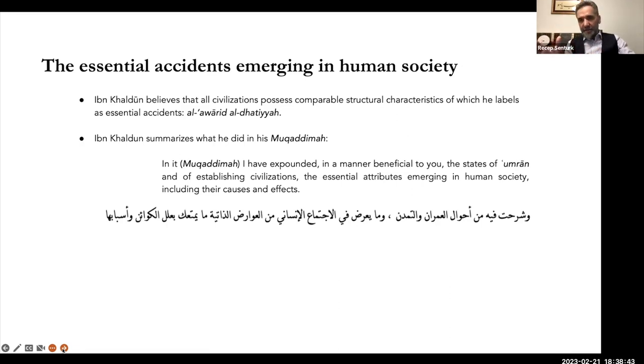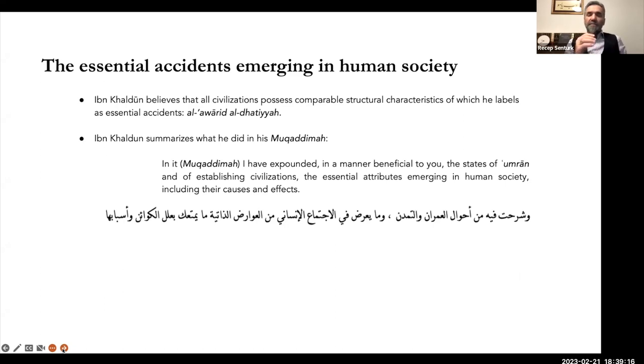الاجتماع الإنساني من العوارض الذاتية, essential attributes or essential accidents that are attached to الاجتماع الإنساني ما يمتعك بعلل الكوائن وأسبابها, in such a way that it offers you the causes of the events, the causes of the phenomena.